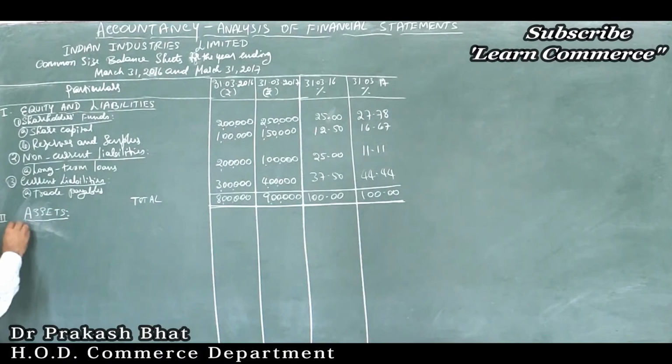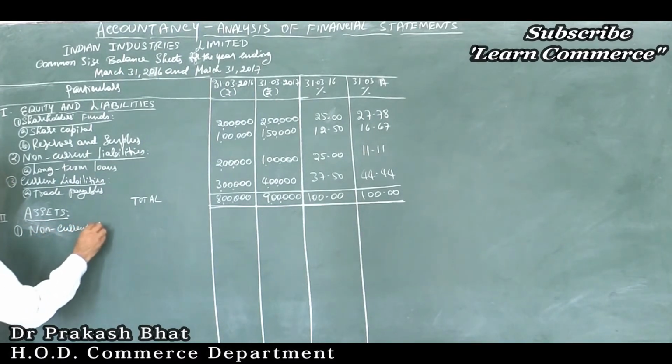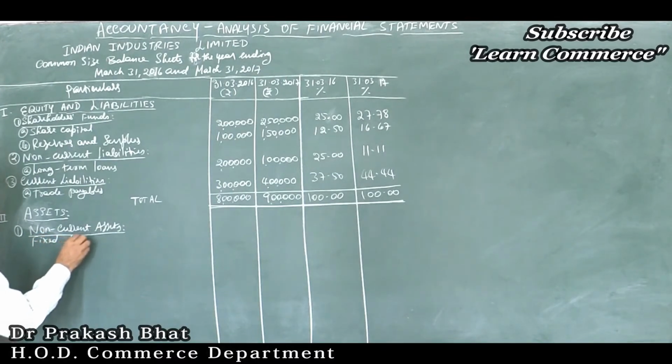Under that, first one, what is the first item? Non-current assets. Under that, fixed assets. This is A, isn't it?